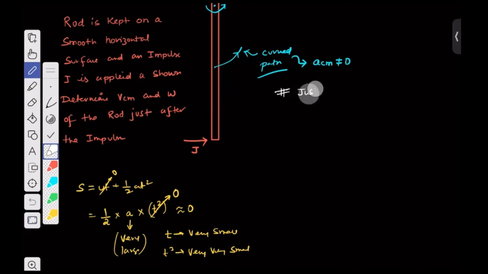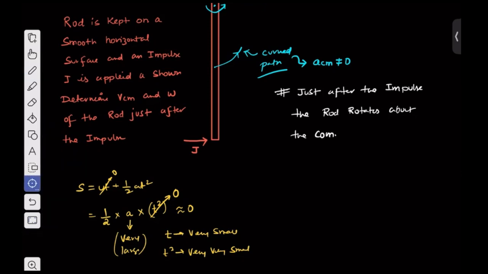Just after the impulse, since we have applied an impulse, the center of the mass must have some change in velocity, because on applying an impulse the momentum of the system will change, and changing the momentum of the system means changing the velocity of the center of the mass.